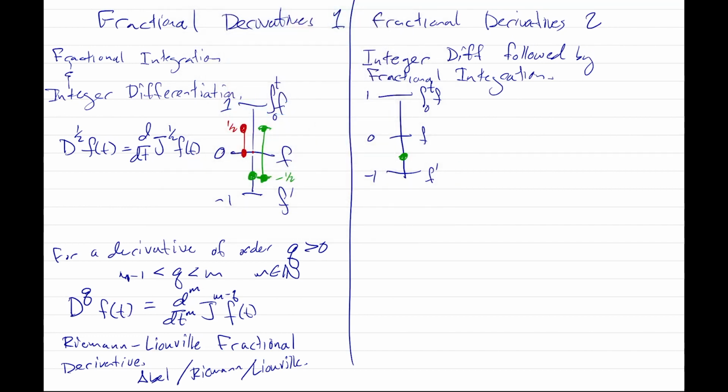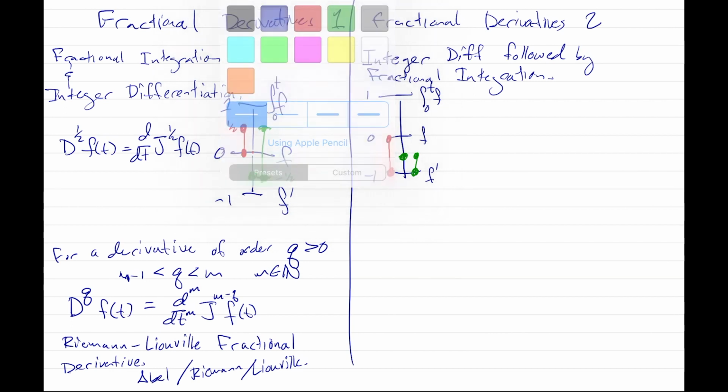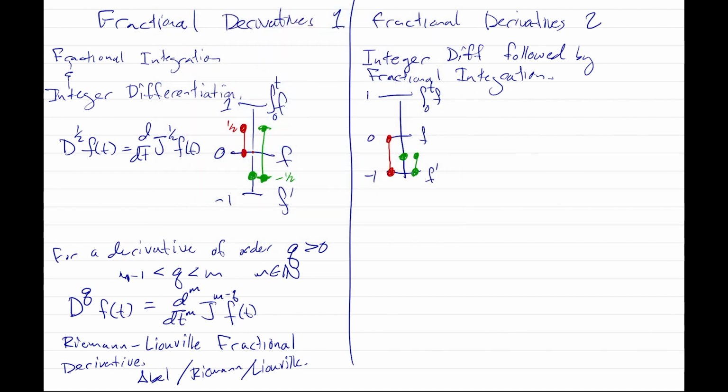So first, we take one full derivative, and then after that, we integrate up here. This is what's going to give us our fractional derivative of Caputo type.